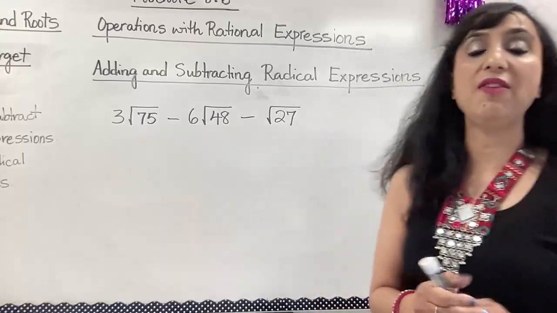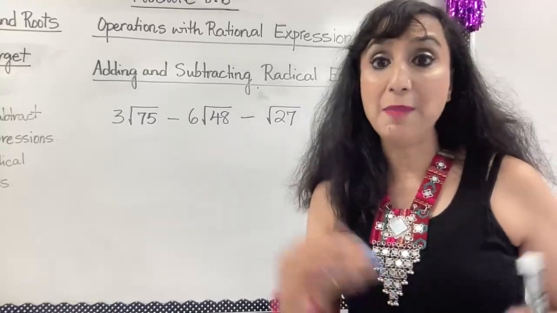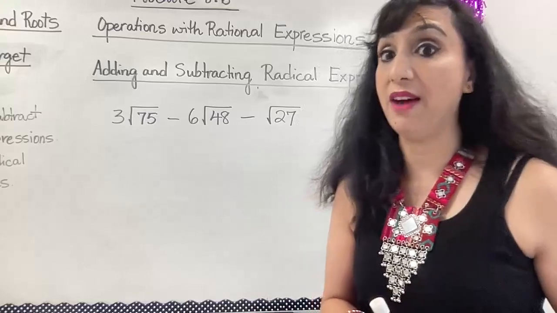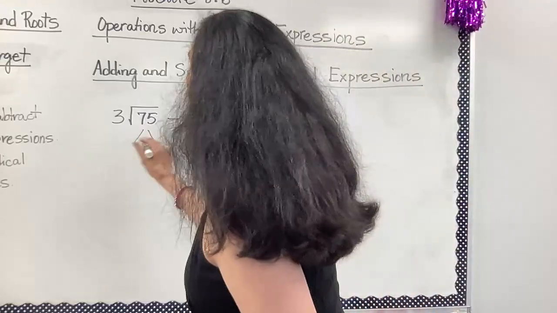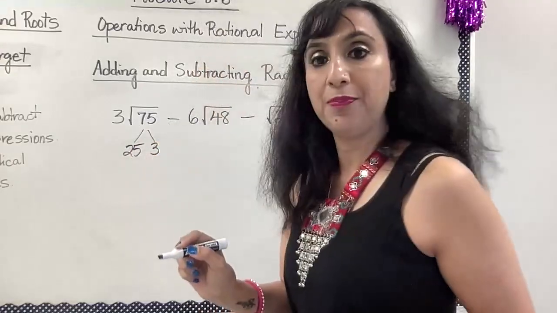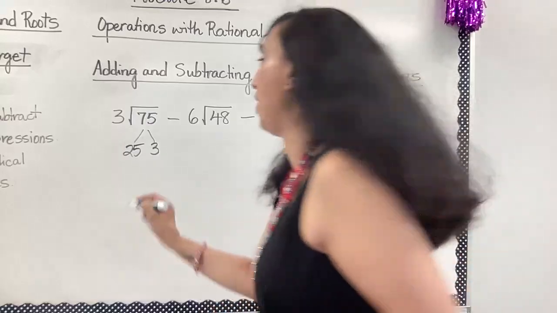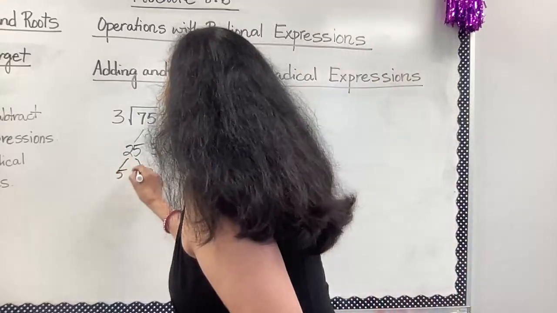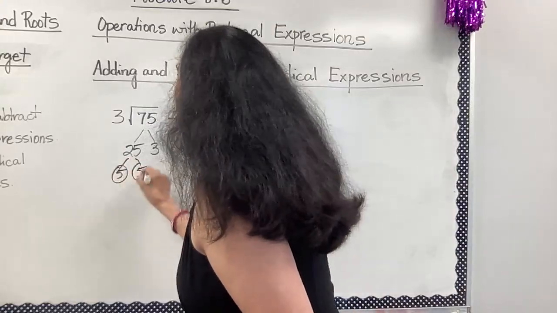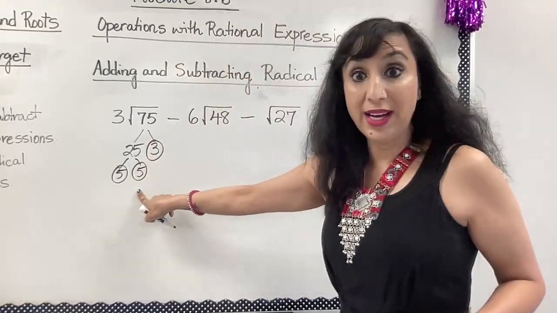So if I have 75, I know that 25 times 3 gives me 75, right? So this is going to be 25 times 3. And what is 25? 25 is 5 times 5, right? So this is 5 times 5. So look, 5 squared, right?